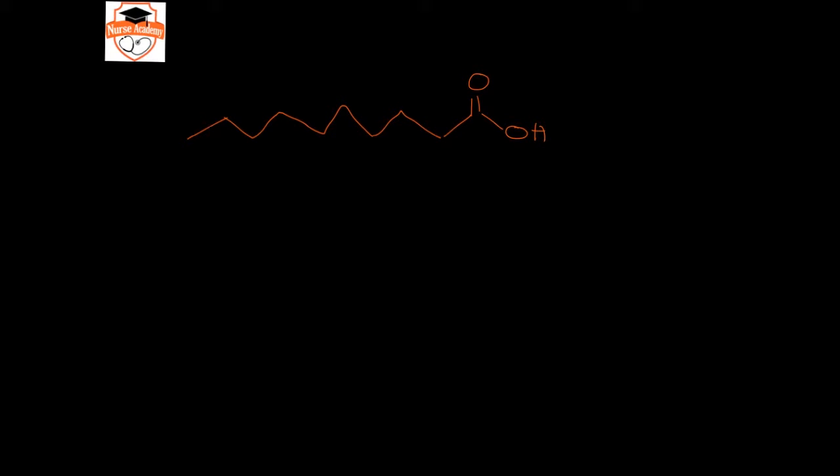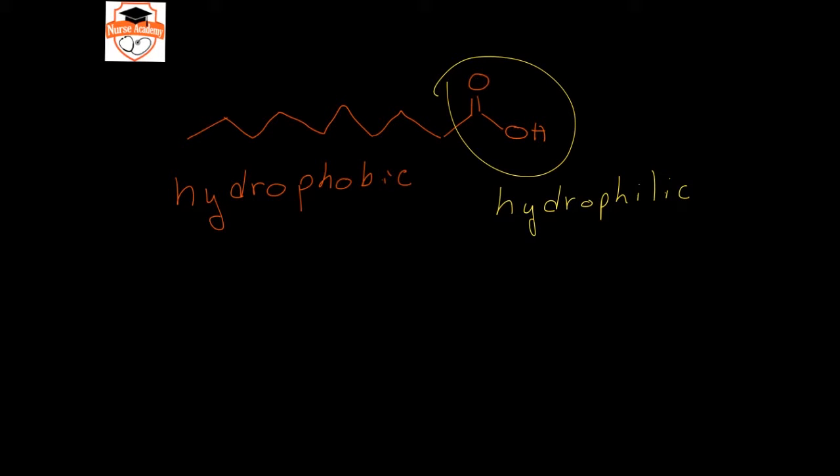These long chains of carbons, whether they have double bonds or they don't, tend to be what we call hydrophobic. Hydrophobic means water hating. They don't dissolve in water or aqueous media, whereas this carboxylic acid functionality is very polar and will tend to be water loving, so this bit is hydrophilic.